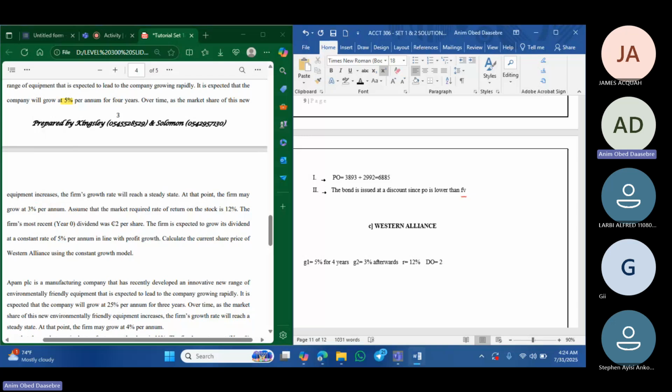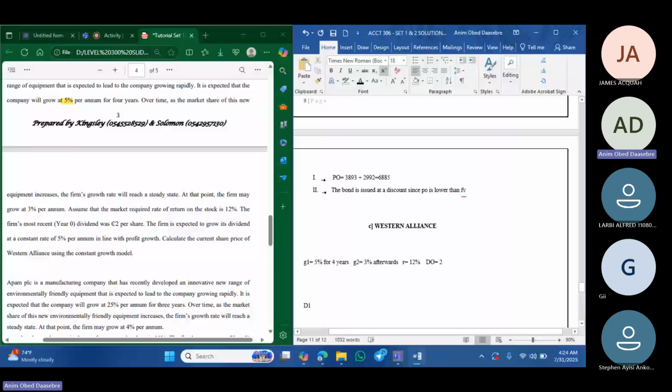So we need to find D1, D2, D3, D4. Then the D4, you grow by the second rate, which is the 3% afterwards. When you grow that by the second growth rate, the value that you get, you discount it back using the perpetuity formula back to year 4.